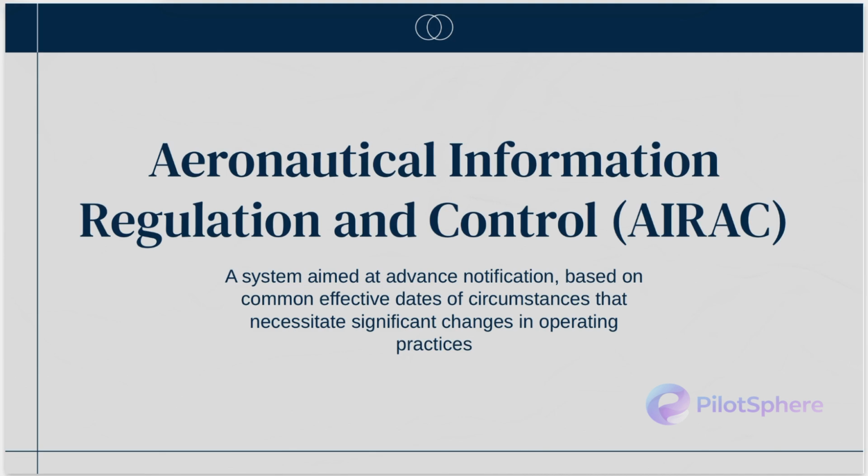This is an international system which ensures that critical, operationally significant information is distributed and implemented simultaneously across the globe. It is aimed at advanced notification based on common effective dates of circumstances that necessitate significant changes in operating practices.